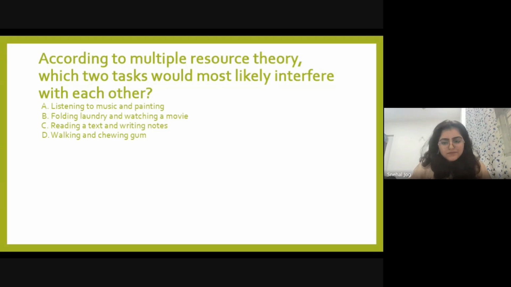Now tell me this. Correct. Reading a text and writing notes. Because listening to music and painting, again, two different modalities. Folding laundry and watching a movie, also very different. Walking and chewing a gum, again, both of them being very, very automatic in nature. So it is C.